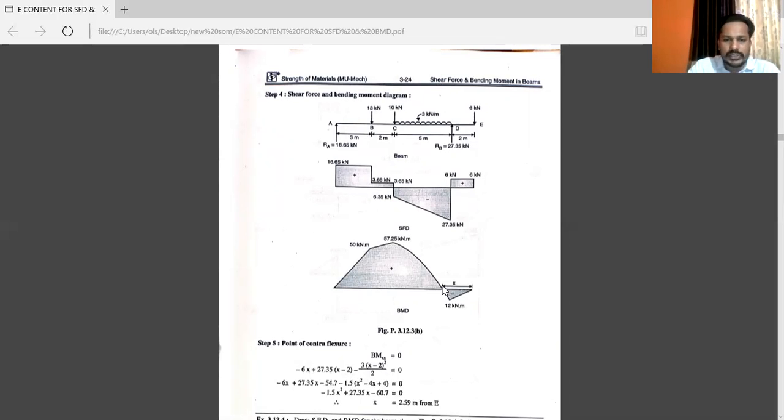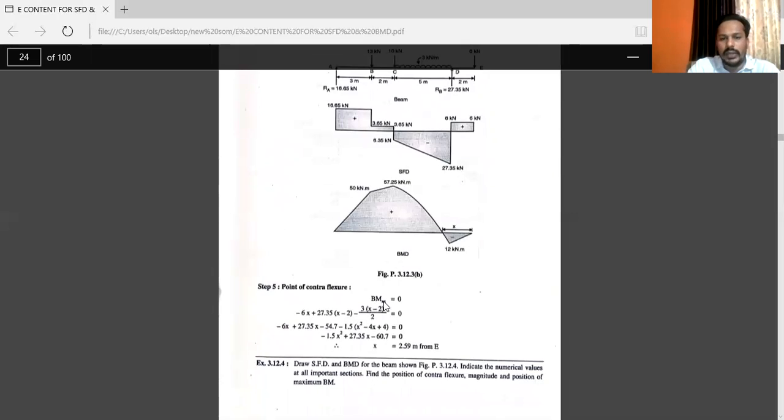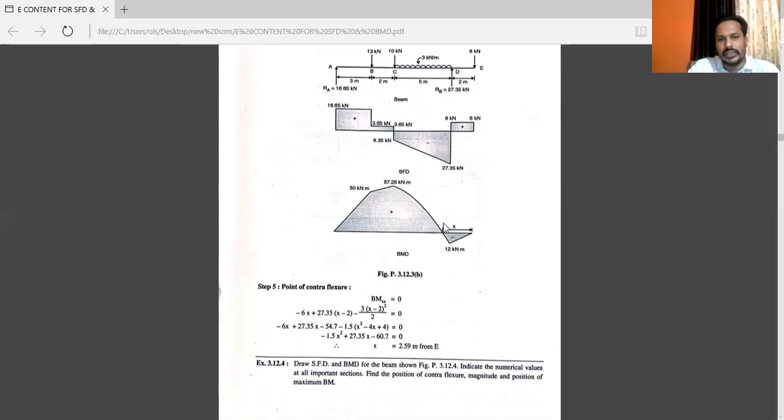This point intersects the baseline where the bending moment at point XX is equal to 0. You can consider this as XX. Bending moment at XX is equal to 0. And according to that, you have to calculate the values.